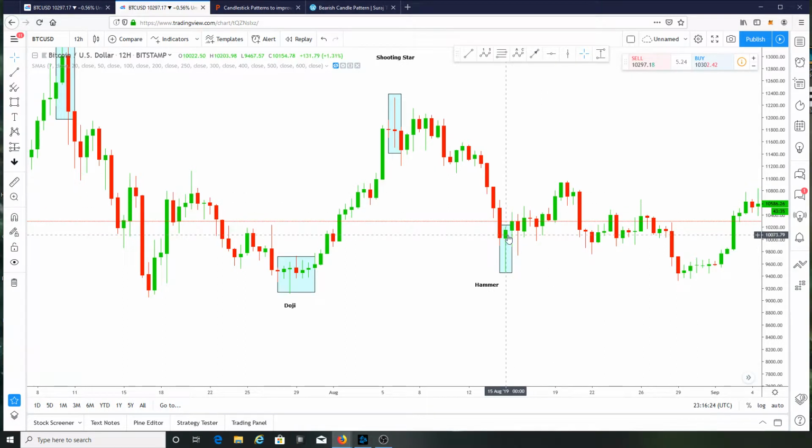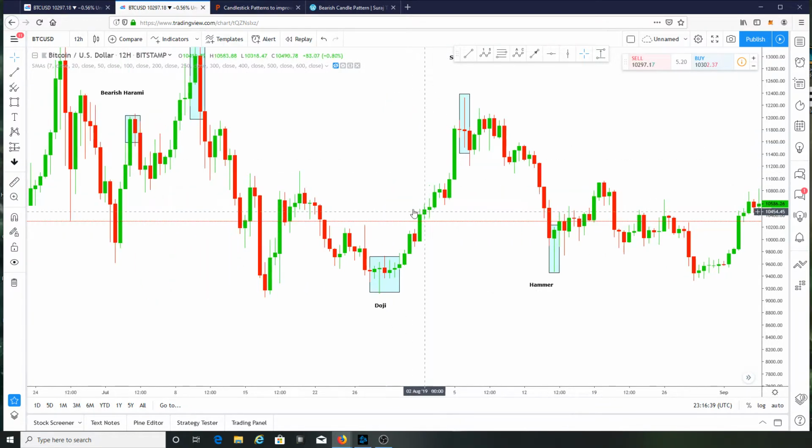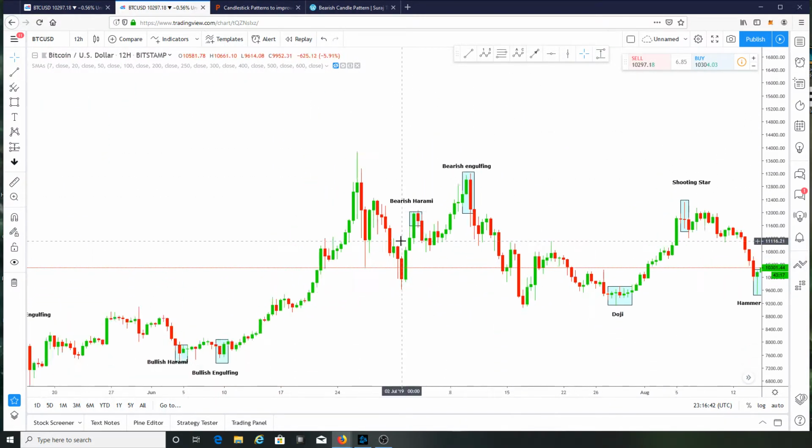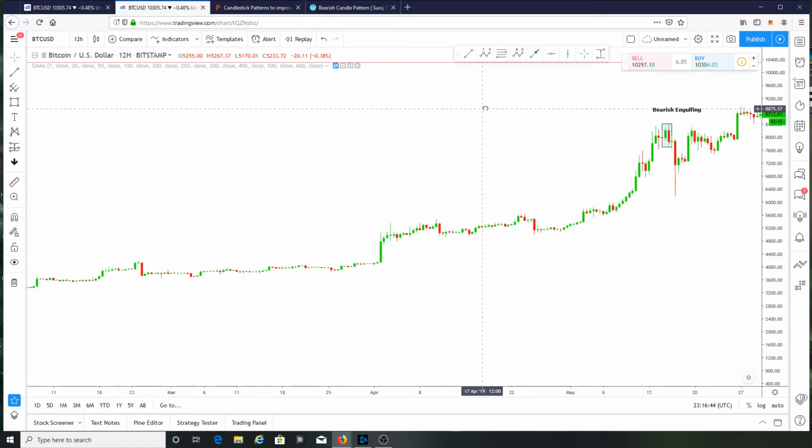Now, vice versa, if this were flipped around and you had a long wick with this little hammer body part down at the bottom, that's called an inverted hammer. It acts kind of similar to a shooting star. If you see an inverted hammer at the top of a trend, let me see if I can find one real quick.